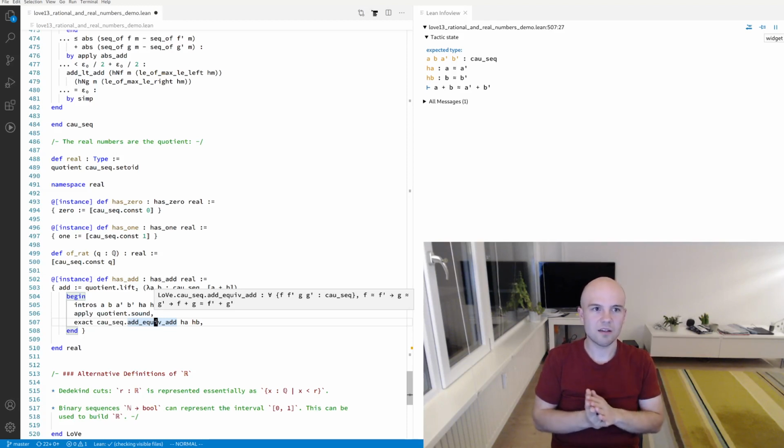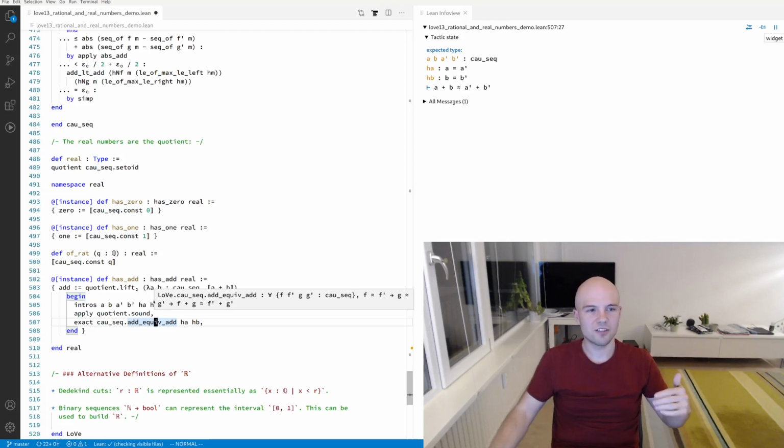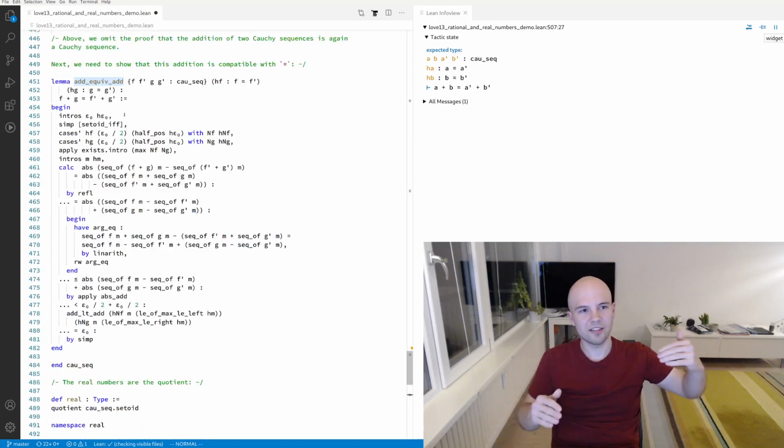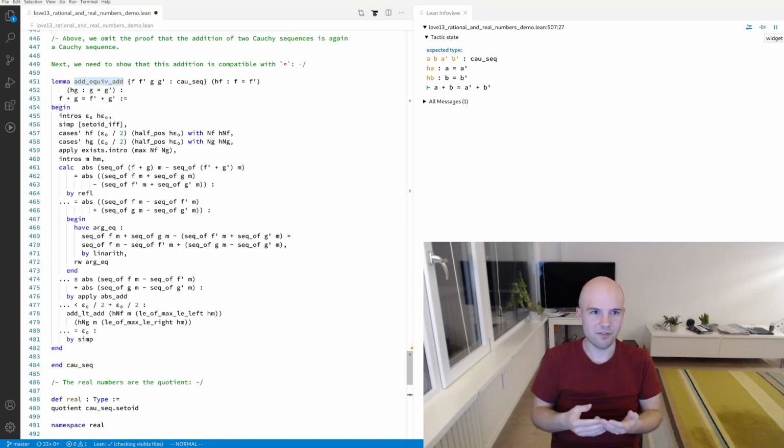Using Cauchy sequences is convenient because the definitions by which we can define the addition of Cauchy sequences are fairly straightforward, mainly because the addition of two Cauchy sequences is just the component-wise addition of the sequences.